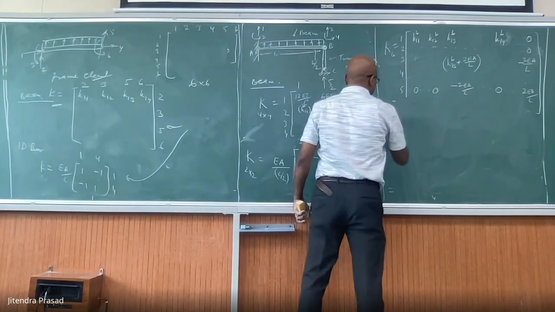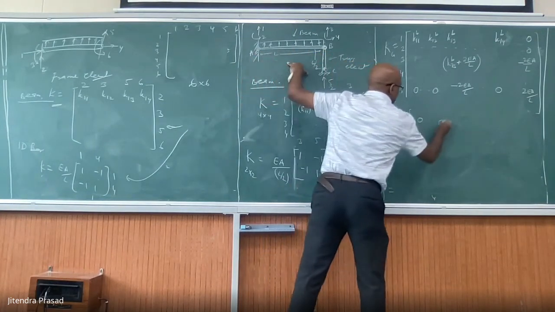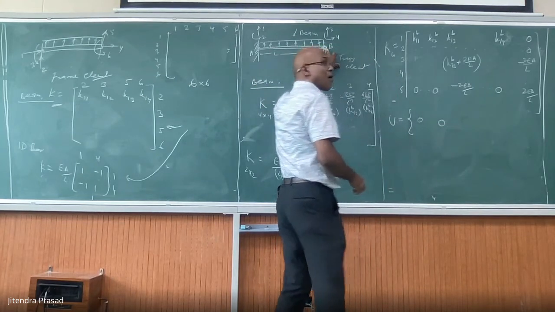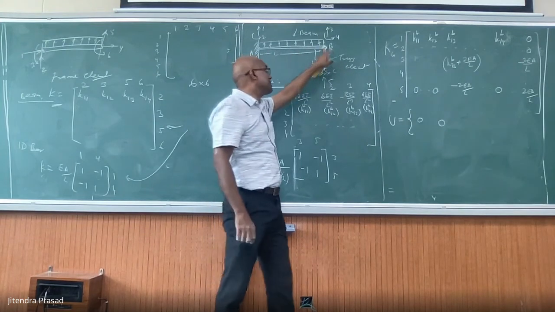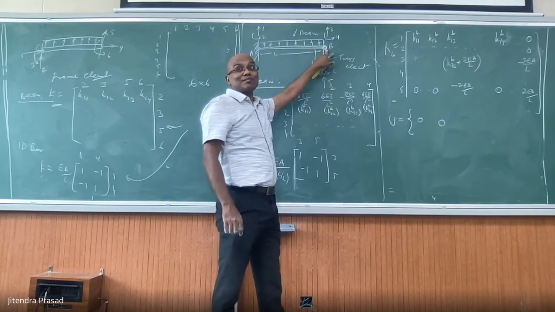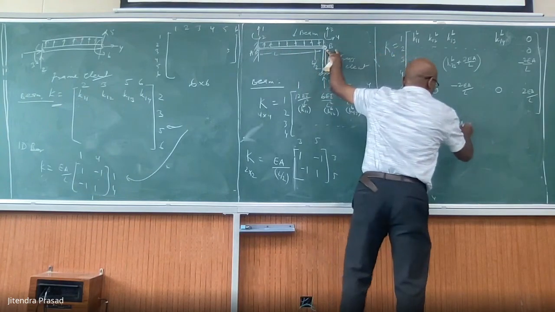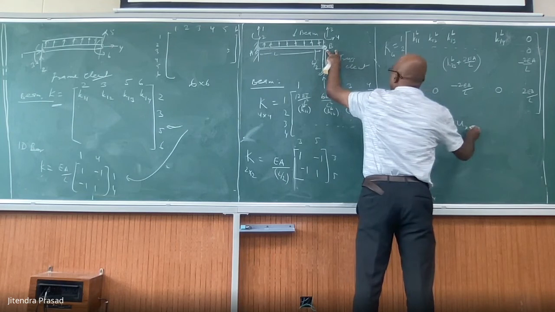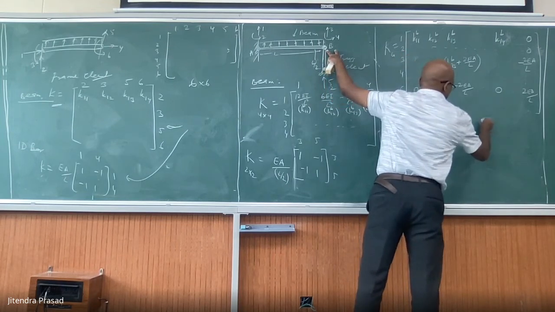And then the U vector, you find out, you will have 0, 0, and then what is the value here? Do you know this now? Now it is not fixed, so it is not 0. So you don't know that. So you say U, X, 3, Y, then you have theta 3.